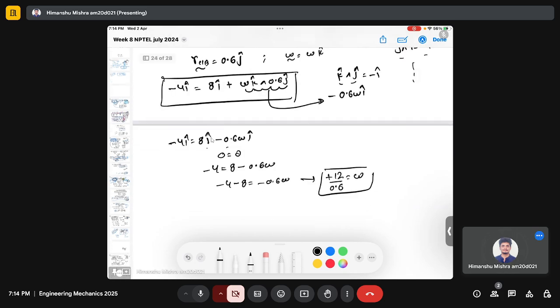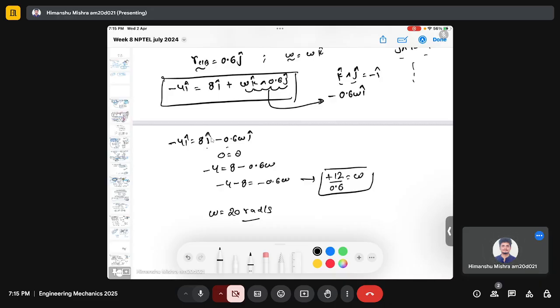When you solve, it is 20 rad per second.